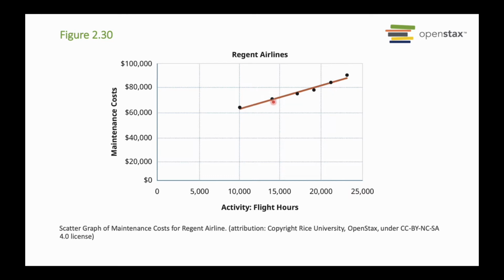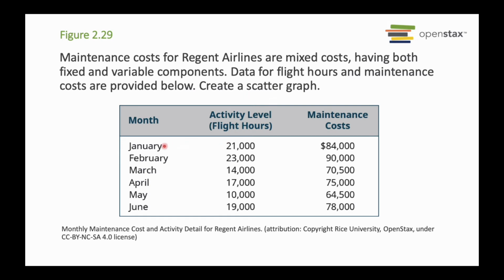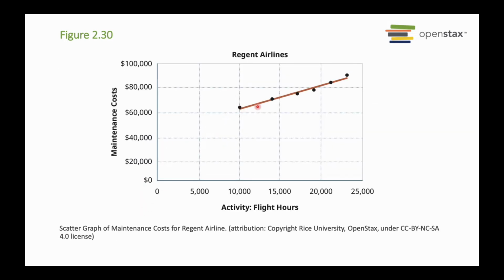Once we've plotted all our points, there are 1, 2, 3, 4, 5, 6 observations. We then draw a line of best fit through these observations. The line is positioned such that the distance of the actual observations from the line is minimized.